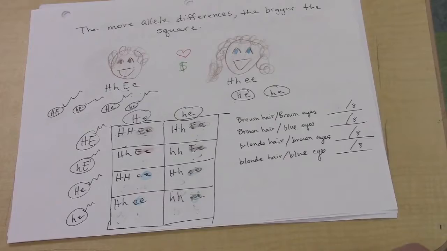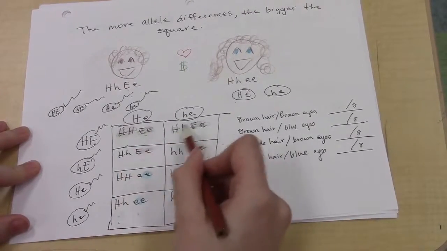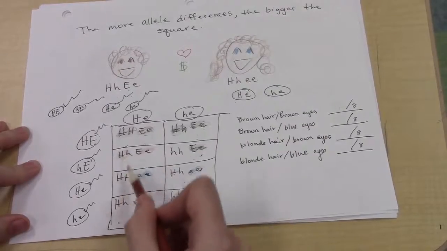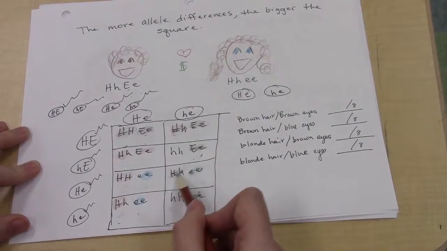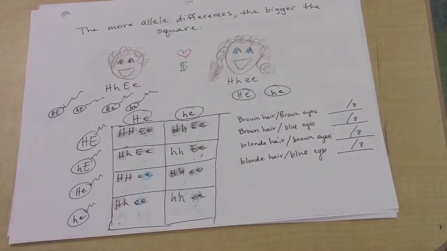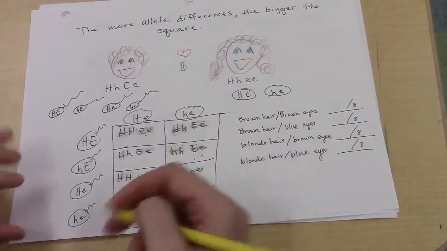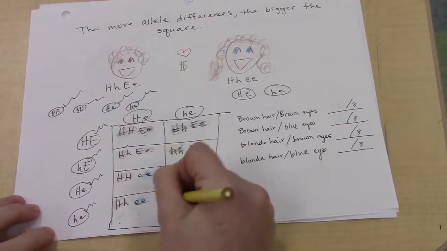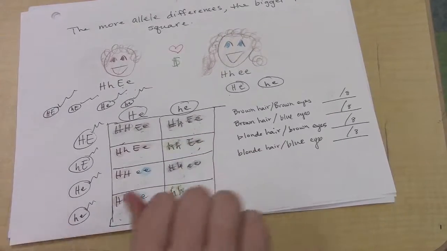Okay, and then brown hair, while we got our brown. Brown hair, brown hair, brown hair, brown hair, brown hair, brown hair also. Okay, and then blonde hair is just this guy, sorry, and this guy is going to have blonde hair.